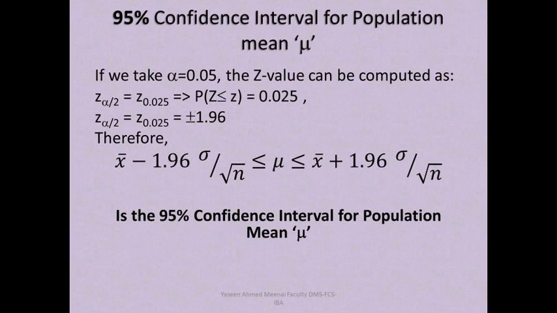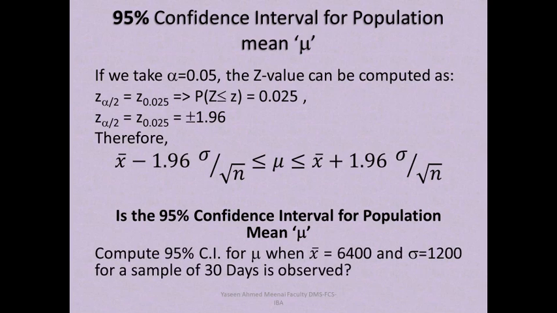Now, after doing this, we are in a position to solve some confidence interval problems. For this purpose, we need a case. Right now, I am giving you a case about the same grocery store owner, who has collected his profit for 1 month. In 30 days, he observed his profit.